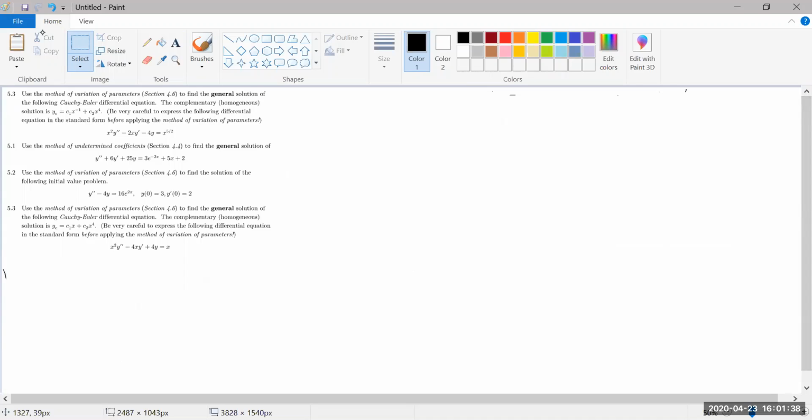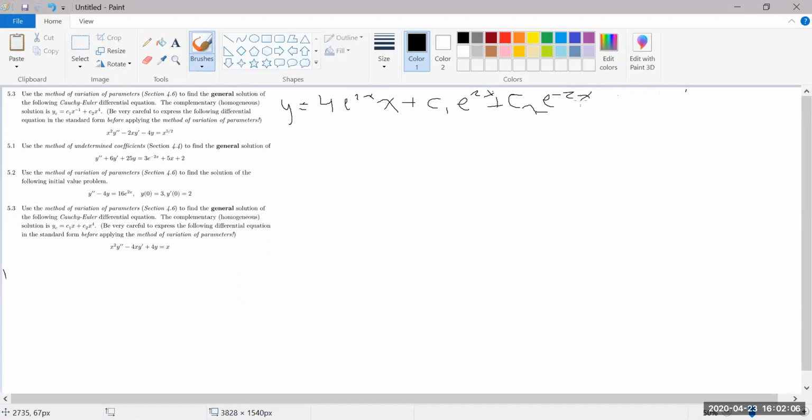Okay, so we solve that our y equals 4e to the 2x times x plus c1 e to the 2x plus c2 e to the negative 2x.